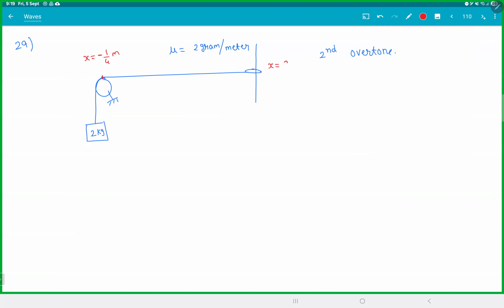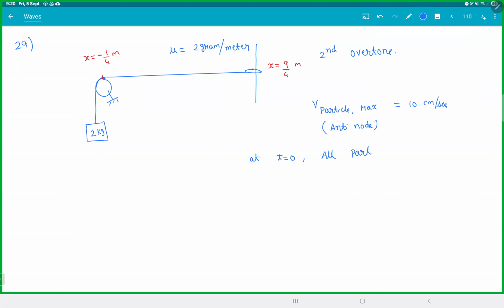This is x equal to 9 by 4 meters. The maximum velocity of the particle, basically that's your antinode, is 10 centimeter per second. At t equals 0, all particles are at half of the maximum amplitude.